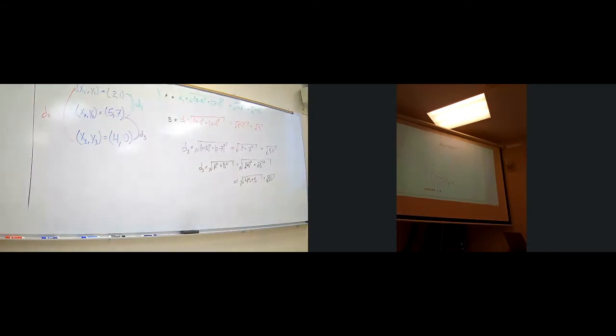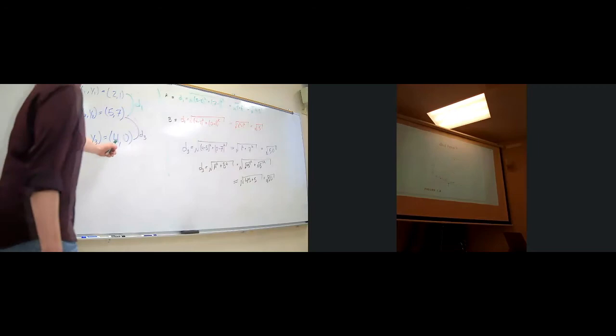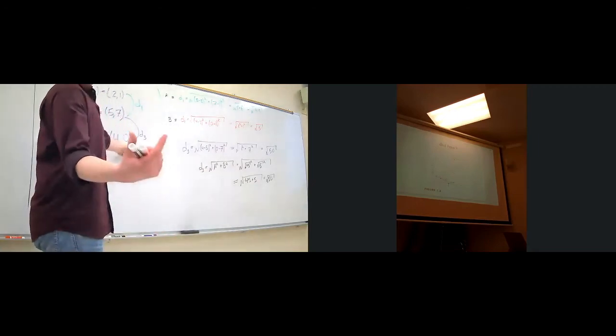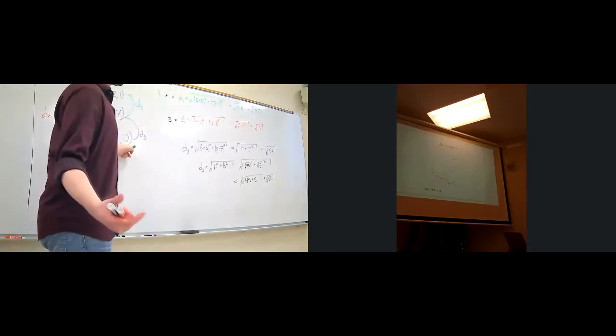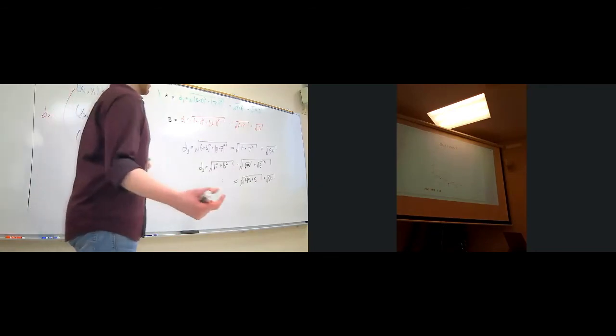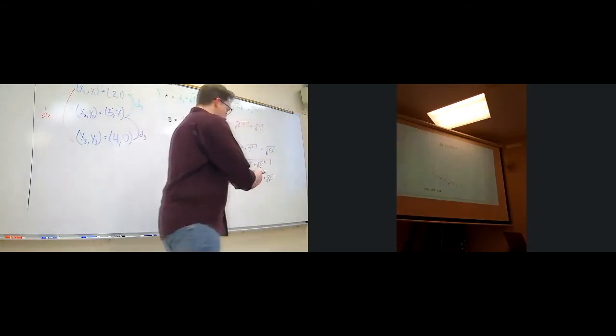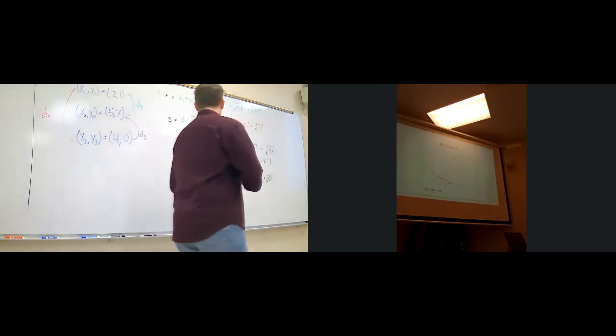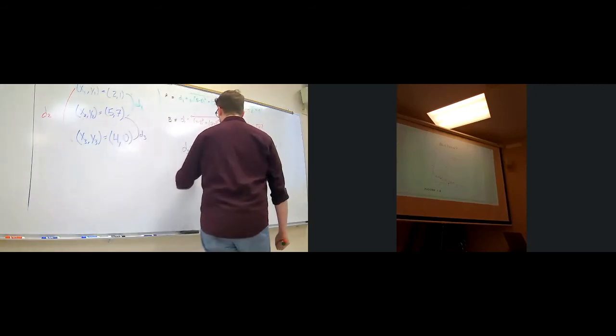Let's say this was 4 comma negative 1 instead. We wouldn't have been able to apply the Pythagorean theorem here because it only applies to right triangles. So this happens because of a special case.